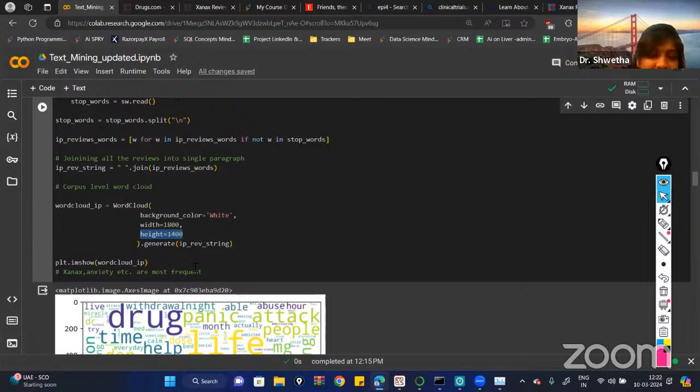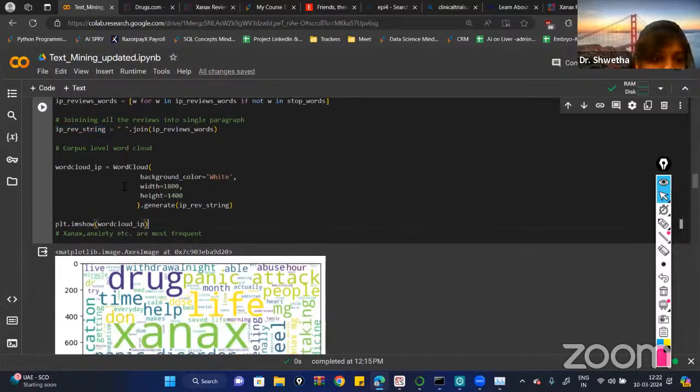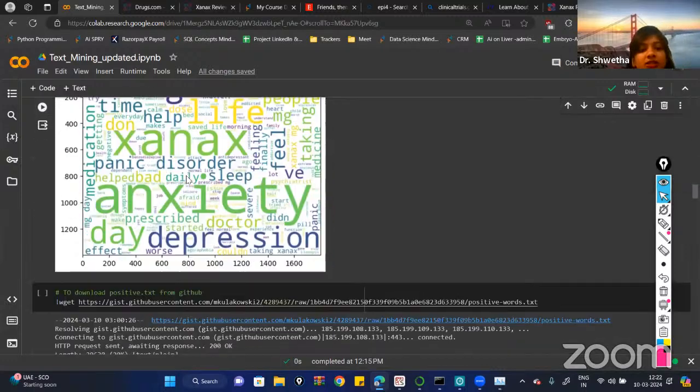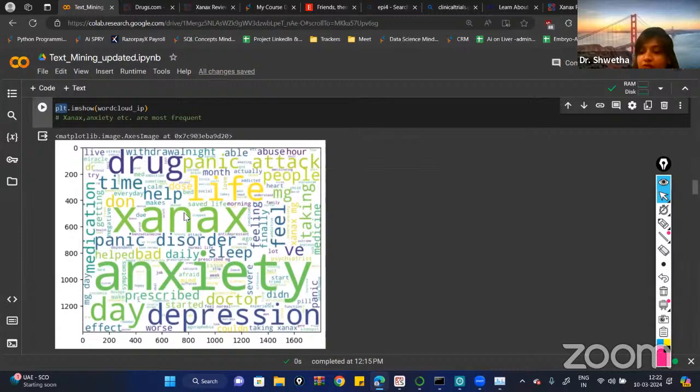And we are generating the word cloud with the data in IP_rev_string. Then once this is generated, when you say plt.imshow, it will use the matplotlib library to create this word cloud. This is the word cloud for the whole corpus, for the whole data.